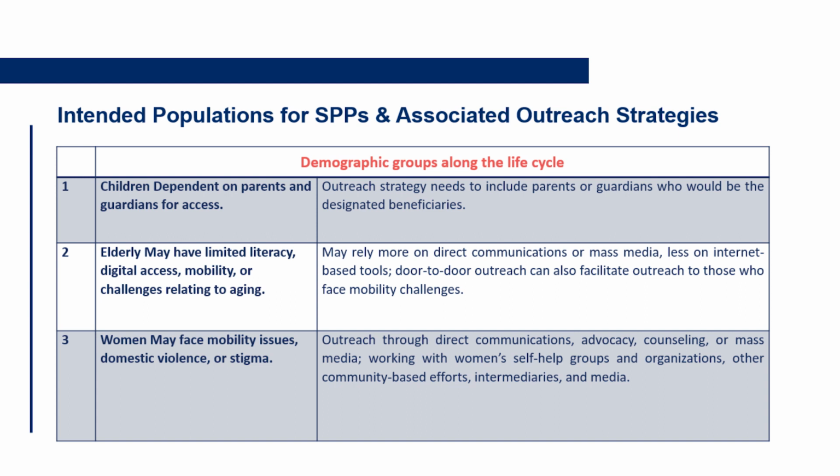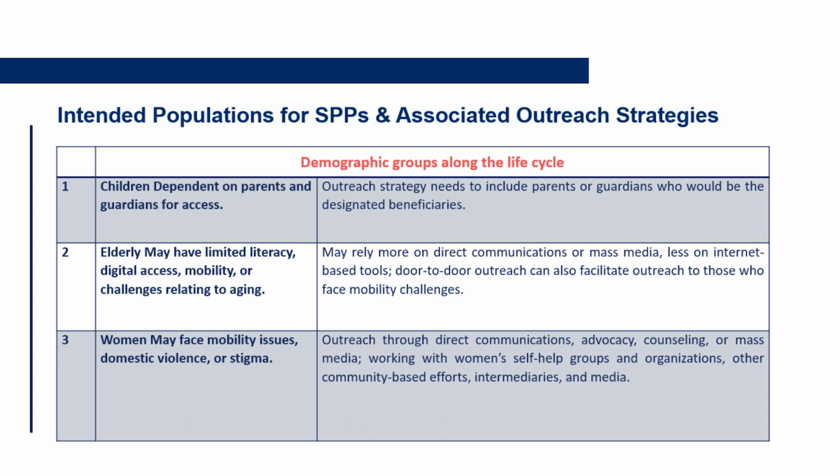So now we talk about the strategies concerning different groups that we talked about earlier in this segment. For example, for the group of children dependent on parents and guardians for access, the outreach strategy needs to include parents or guardians who would be the designated beneficiaries.